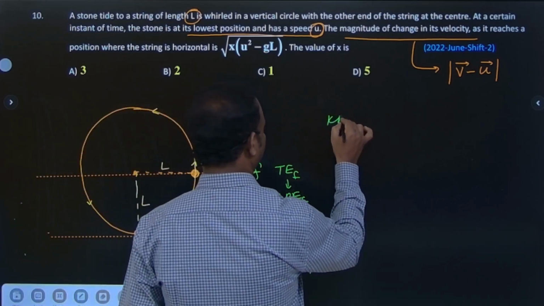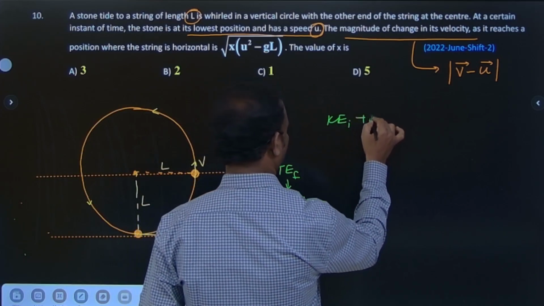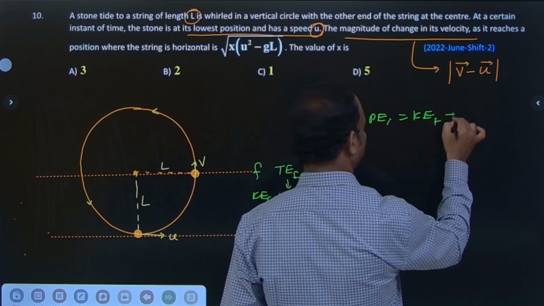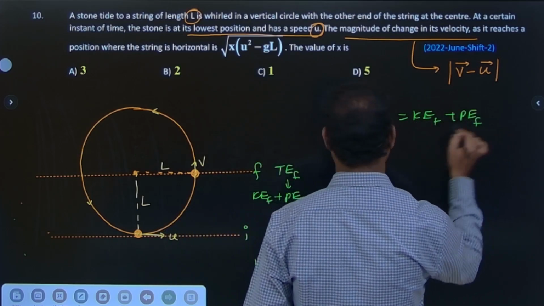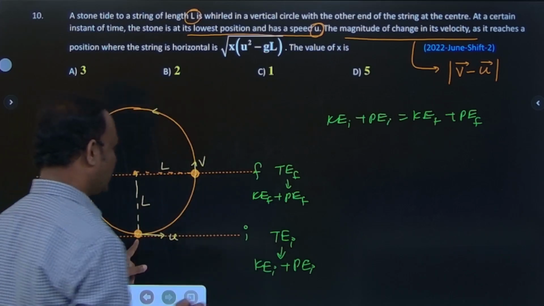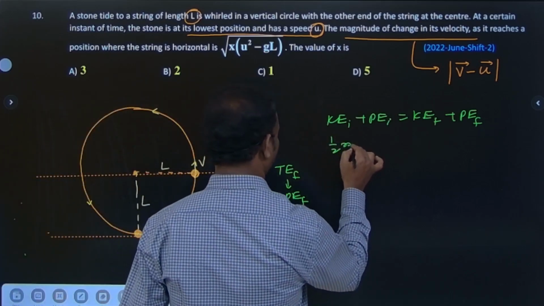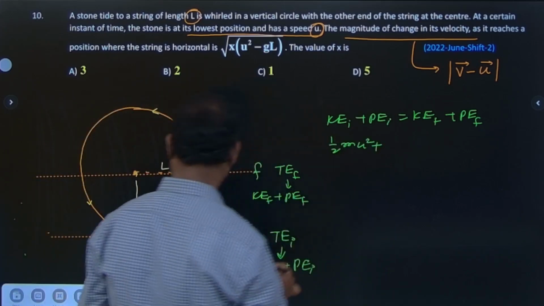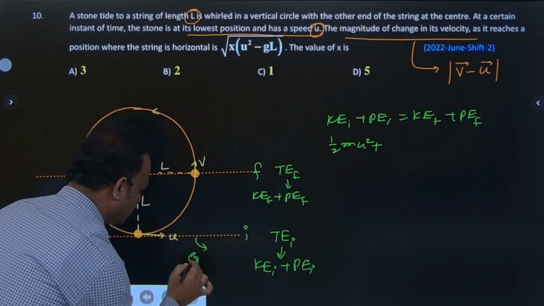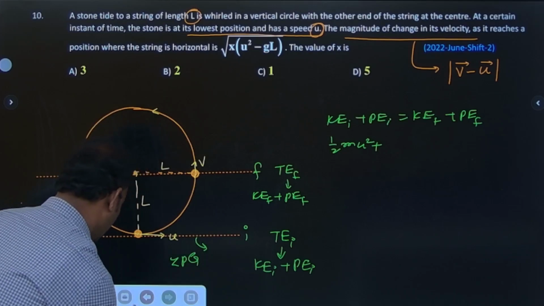Kinetic energy initial plus potential energy initial is equal to kinetic energy final plus potential energy final. At the initial point, the kinetic energy is half m u square. Potential energy: this is your ground level, so it is the zero potential energy level.